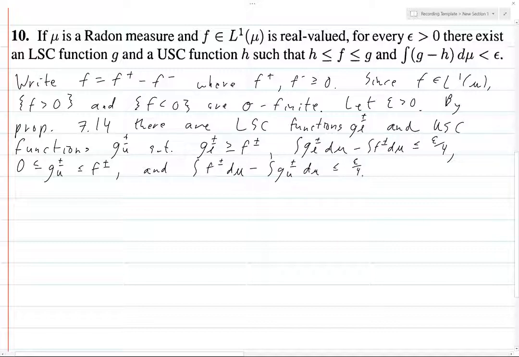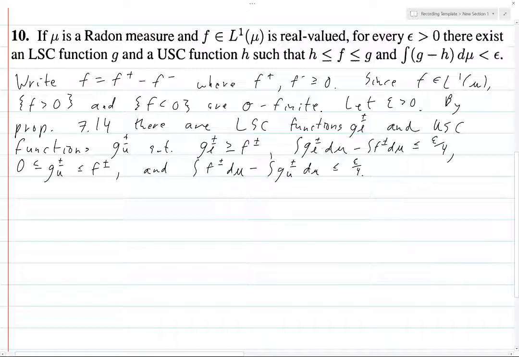This is because we know that we can take a positive function and approximate it from above by lower semi-continuous functions. So that's what these GL plus minuses are. They're greater than or equal to f plus or minus, and because they're approximating f in the integral, given this epsilon, we can choose a g which is greater than or equal to f, but not so much.